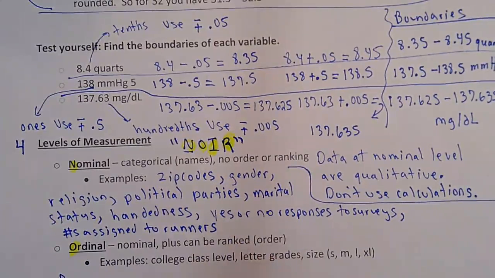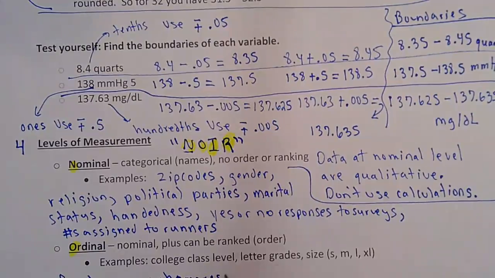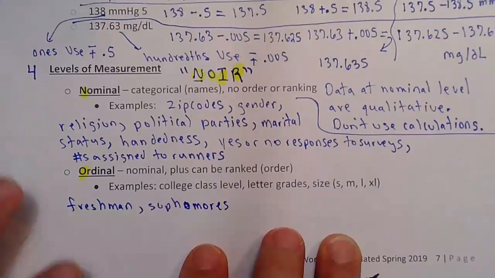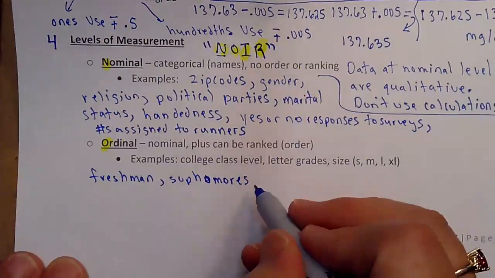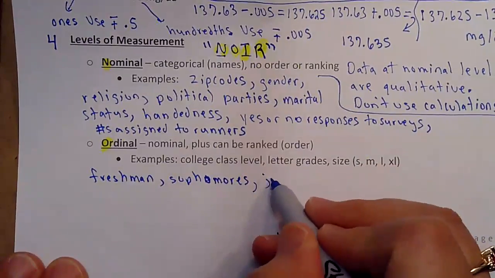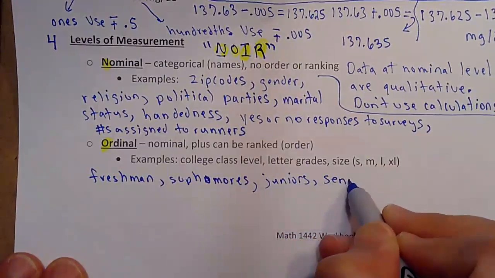That would be like freshmen, sophomores. I might have misspelled sophomores. Is there an O there or not in sophomores? Freshmen, sophomores, juniors, seniors.